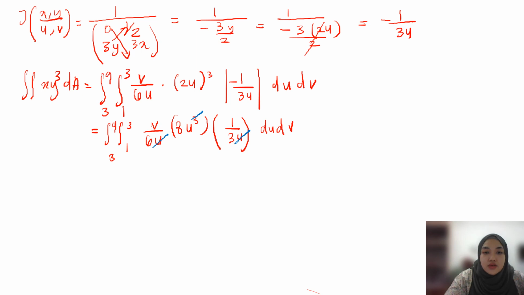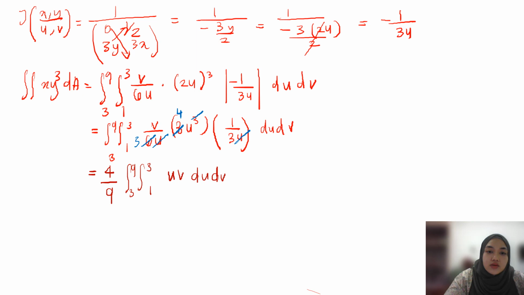Okay, for this one you will get 3, 4, and then you can bring forward 4 over 9. Okay, integral 1 3 3 9, and then we have uv with respect to du dv.